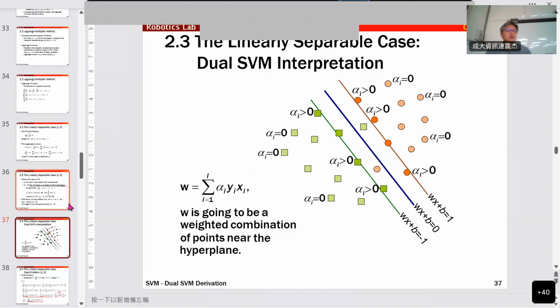The last one is what I call support. It means any points that affect our margin are called important features, and I give them a weight, so the weight alpha will be bigger. If they are not important samples, I just ignore them.